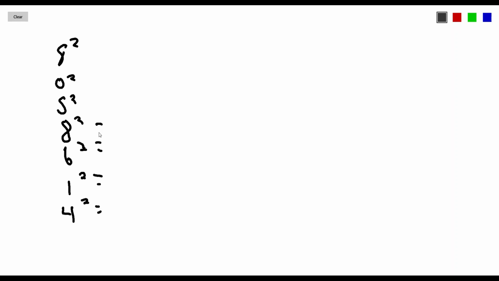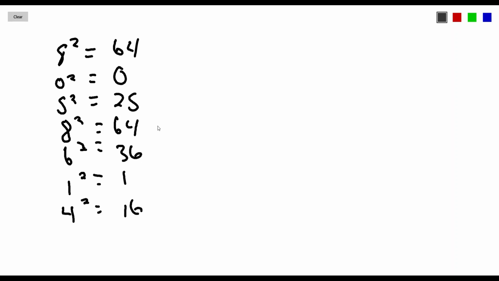And so for standard deviation, we're going to take those numbers. So 8 squared is 64, 0, 25, 64, 36, 1 and 16.